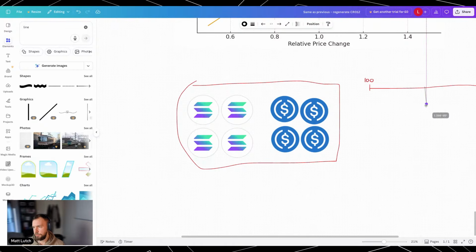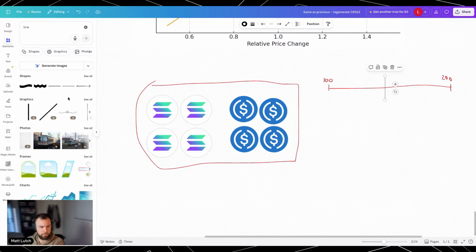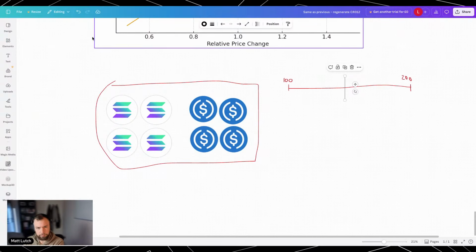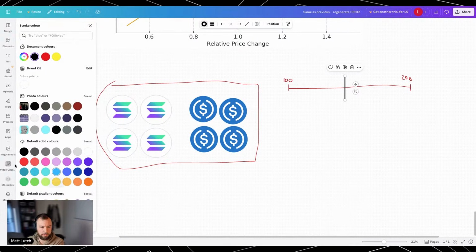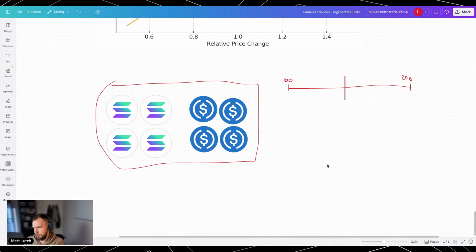Right, and this is the scale here. Make that a bit fatter. Now, this is the scale of the pool.